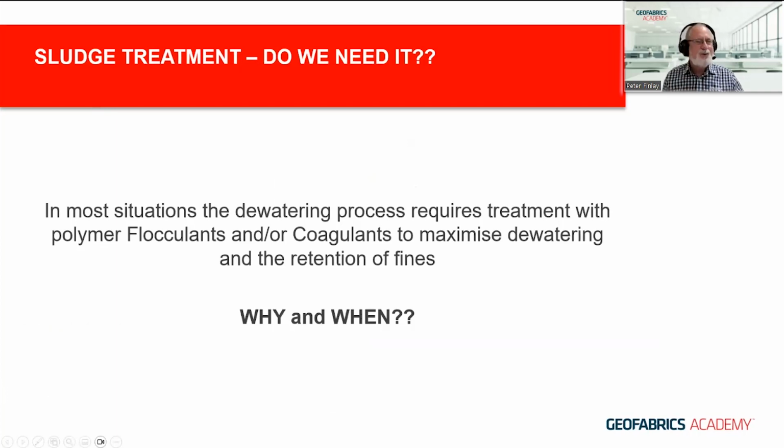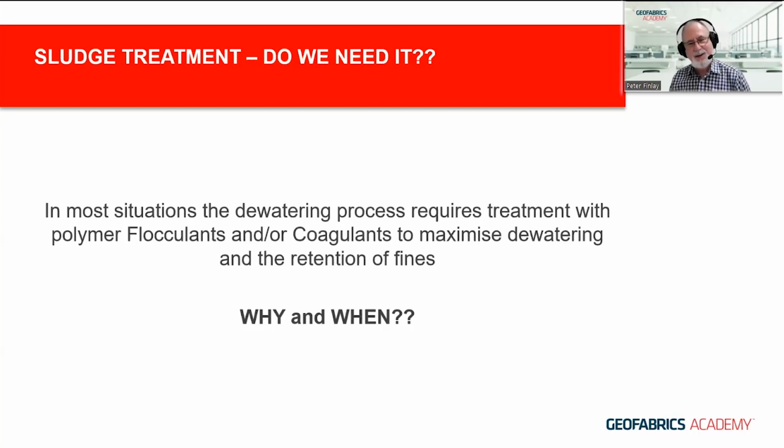So the all-important question: do we need to treat the sludge before it goes into a geotube? When I talk about treating it, it's usually the addition of a flocculant and/or a coagulant. Everybody will ask, with my sludge from our situation here, can I get away with just pumping it into the geotube?